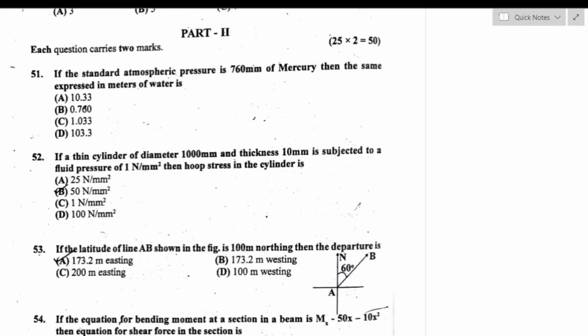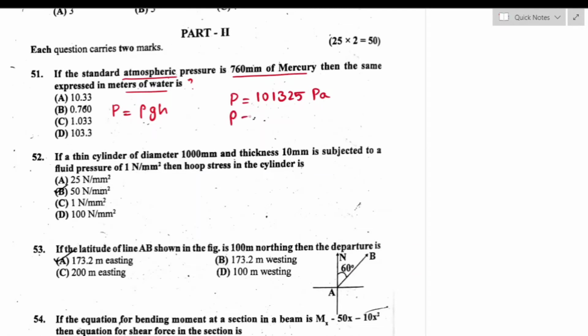Question number 51. If the standard atmospheric pressure is 760 mm of mercury, then the same expressed in meters of water is. The basic pressure equation is given by the following formula. P is equal to rho g h. The pressure is 101325 pascals.